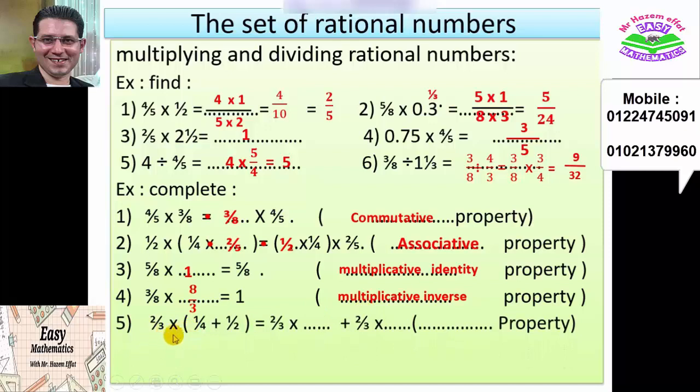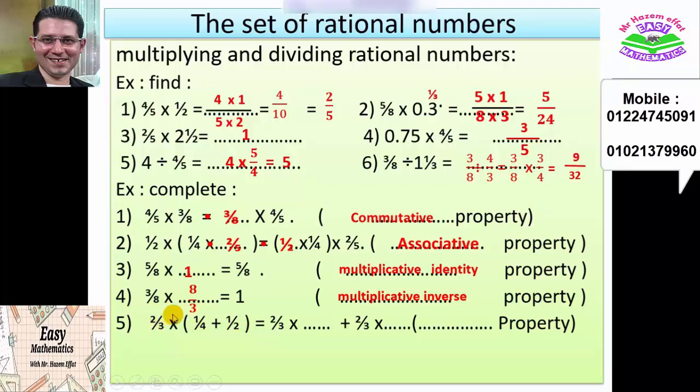Number 5, he gave me here 2/3 multiply open brackets quarter plus half equal 2/3 multiply what, plus 2/3 multiply by what? And here he gave me space property. What about the missing here? Yes, when we have here the sign multiply and brackets, first we must distribute this fraction over all these numbers.